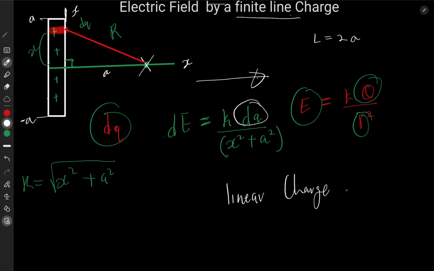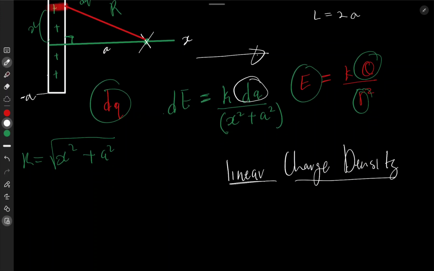In basic terms, this is how much charge per length, because we're talking about a line. How much charge per length. That is represented by the symbol lambda.